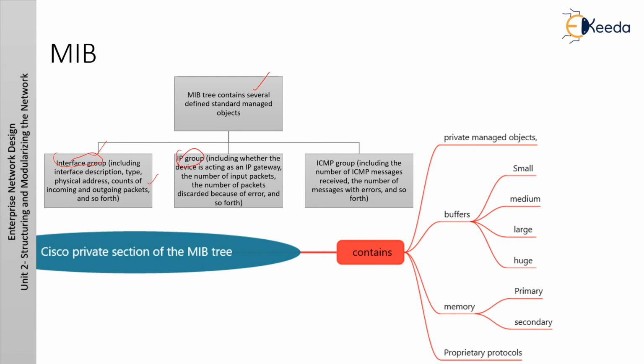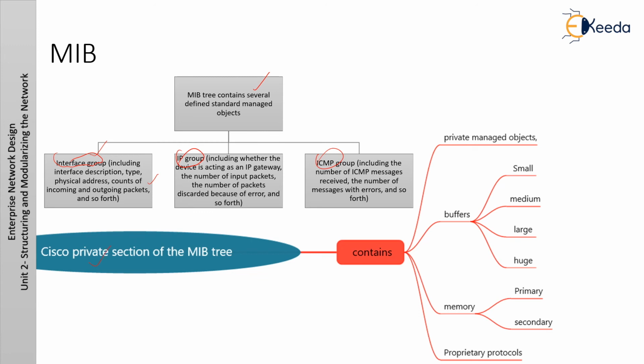It includes whether the device is acting as an IP gateway, the number of input packets, the number of packets discarded because of error, and so forth. Next is the ICMP group, that is a protocol, including the number of ICMP messages received, the number of messages with errors, and so forth. So this is how we can use it, and these are standard managed objects.